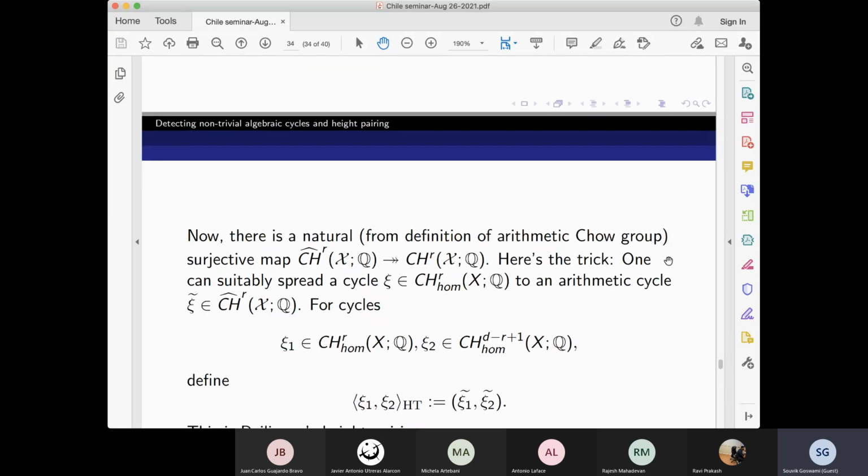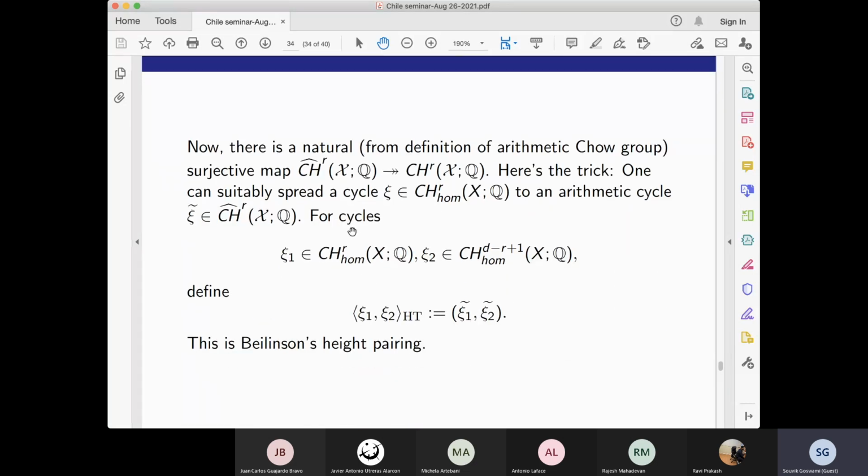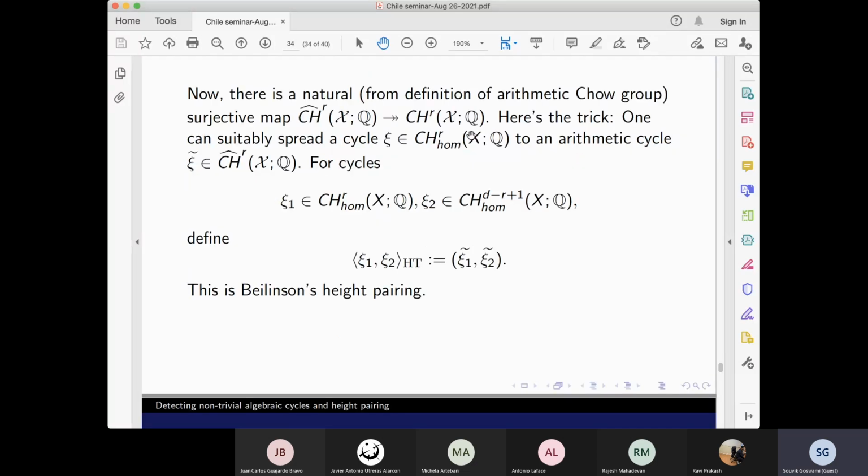So all I'm going to say is that suppose you have an X which has a nice enough spread, then you can pick two cycles which are homologous to 0 and of complementary codimension. And there is a way to spread the cycles out to these arithmetic Chow groups.